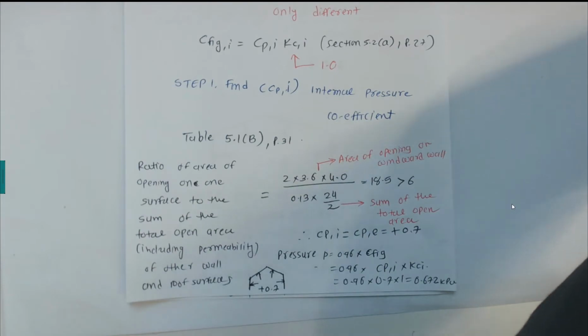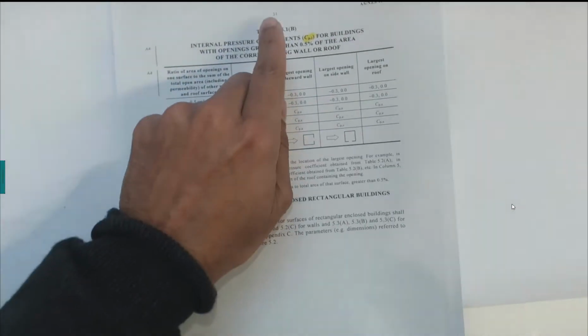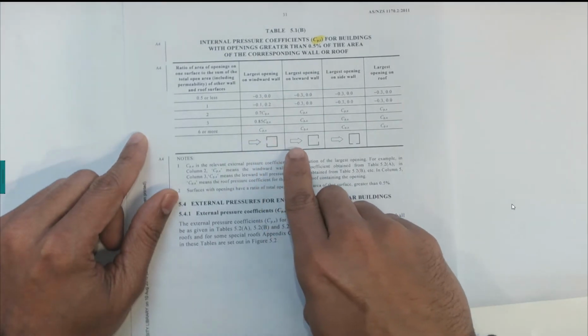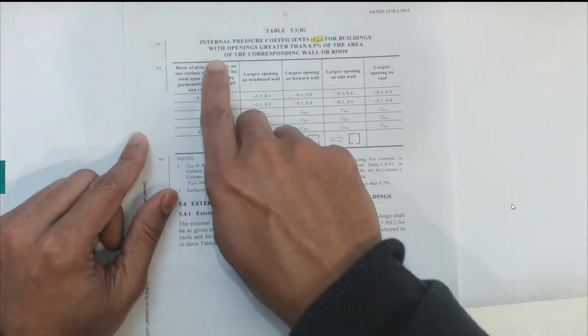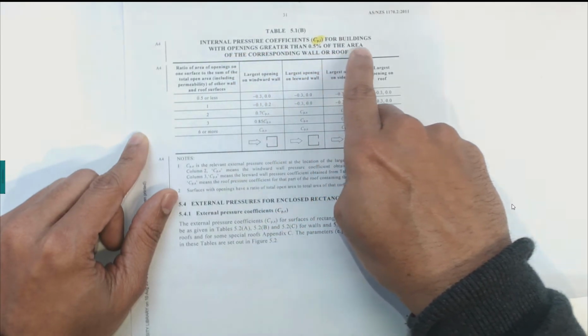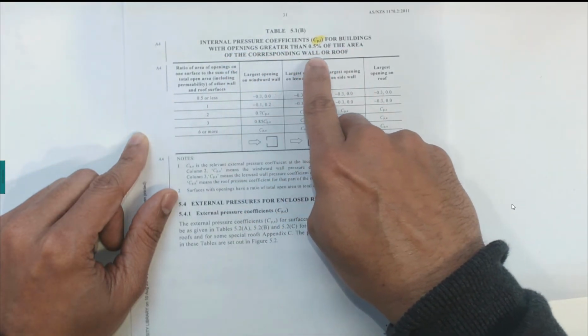Table 5.1b on page 31 applies when you have an opening in one of the walls: the internal pressure coefficient for buildings with an opening greater than 0.5 of the area of the corresponding wall or roof.